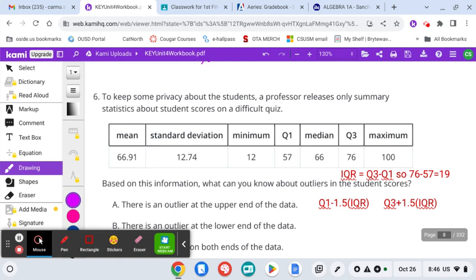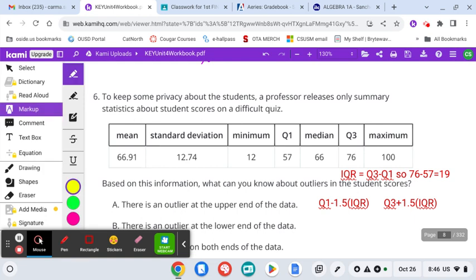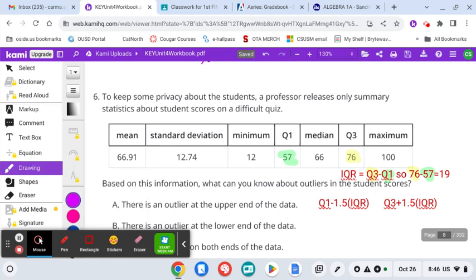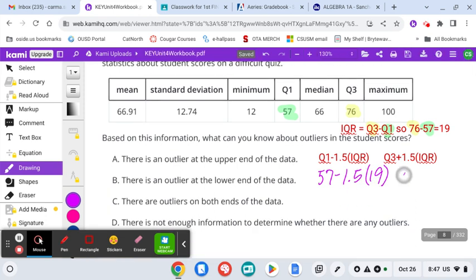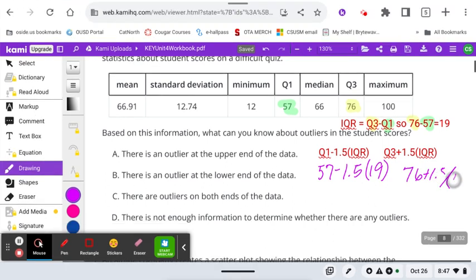So to do the IQR, we've got to take the Q3 and minus the Q1. And so 76 minus 57 is 19. So Q1 minus 1.5 times 19. And then we're going to do Q3 plus 1.5 times 19.